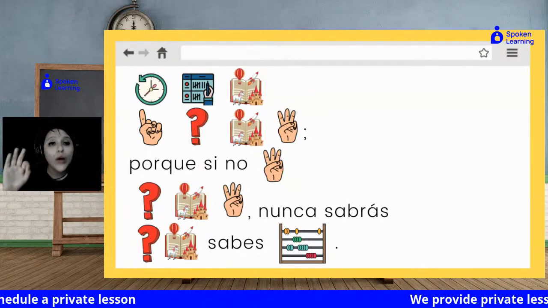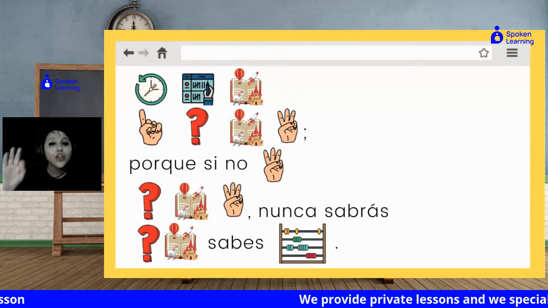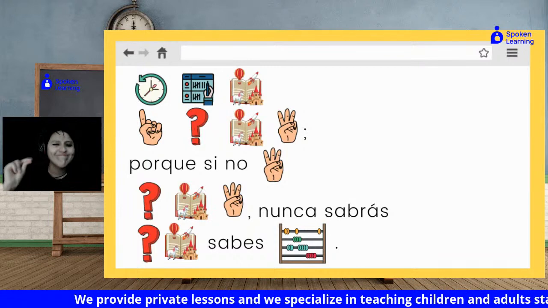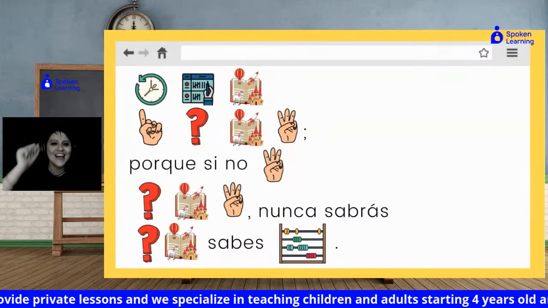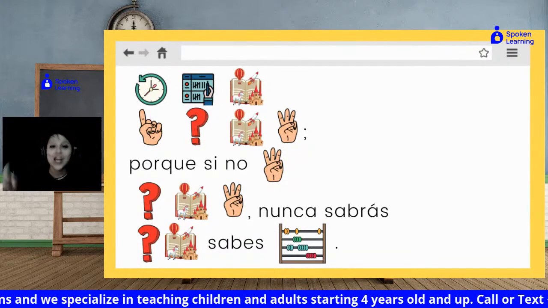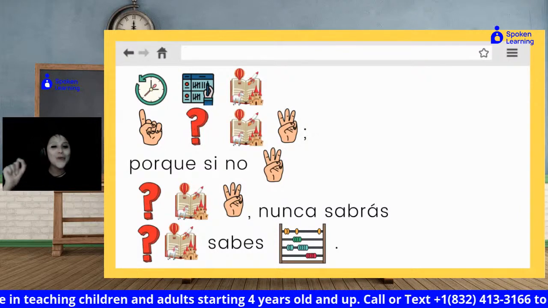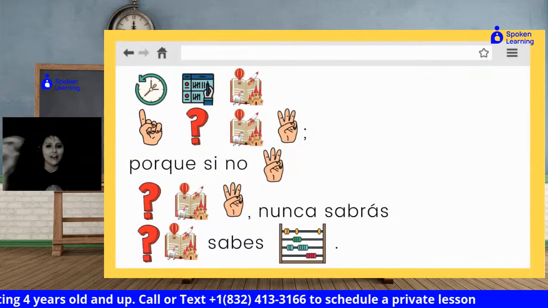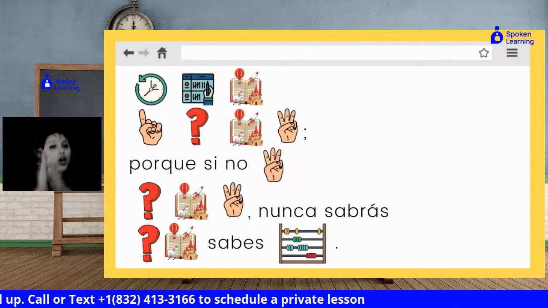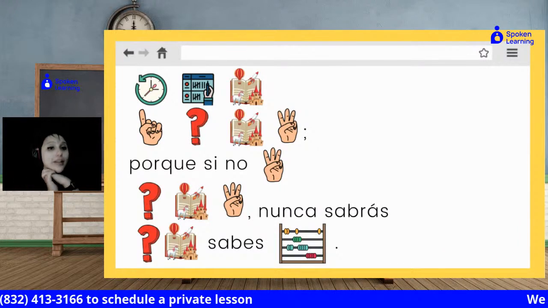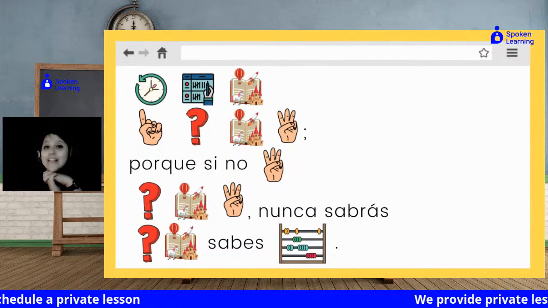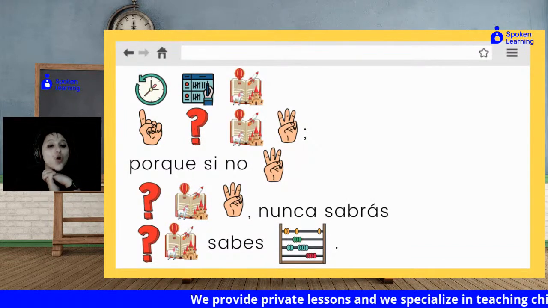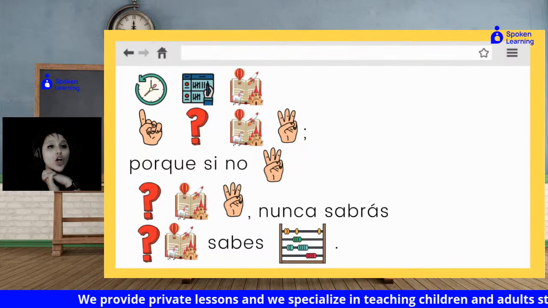Cuando cuentes cuentos, cuenta cuántos cuentos cuentas, porque si no cuentas cuántos cuentos cuentas, nunca sabrás cuántos cuentos sabes contar. Faster, you guys. Cuando cuentes cuentos, cuenta cuántos cuentos cuentas, porque si no cuentas cuántos cuentos cuentas, nunca sabrás cuántos cuentos sabes contar.